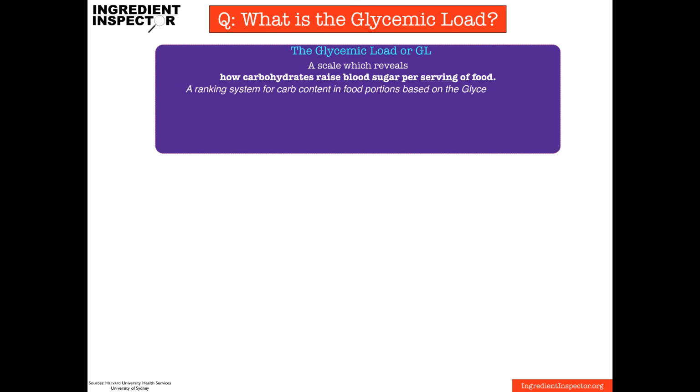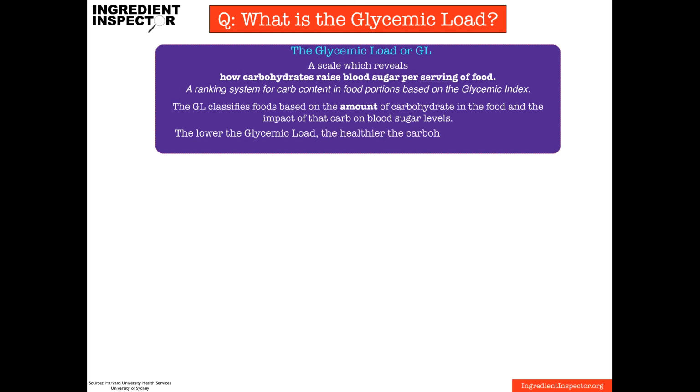So it's a ranking system for carb content in food portions based on the glycemic index. The GL classifies foods based on the amount of carbohydrate in the food and the impact of that carb on blood sugar levels. So it's taking into account how much of the carbohydrate is being consumed in the calculation.